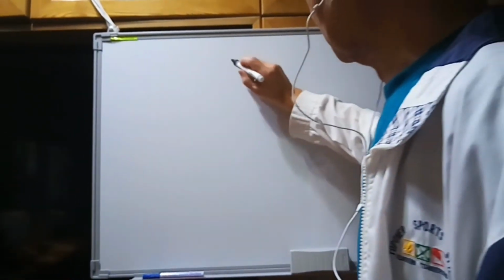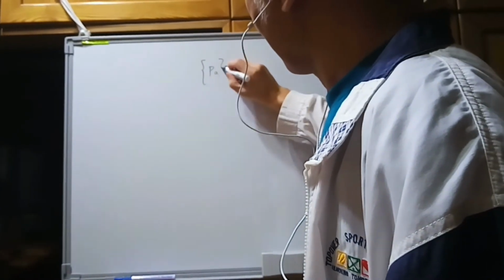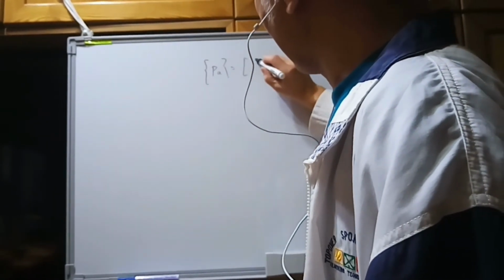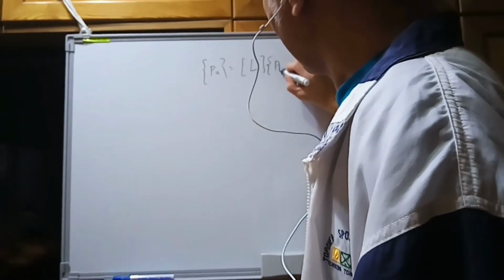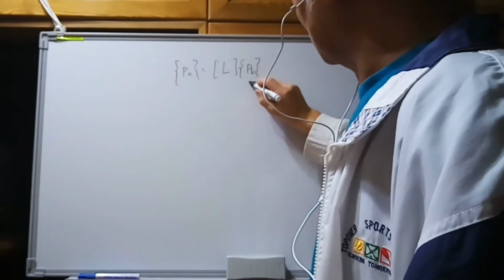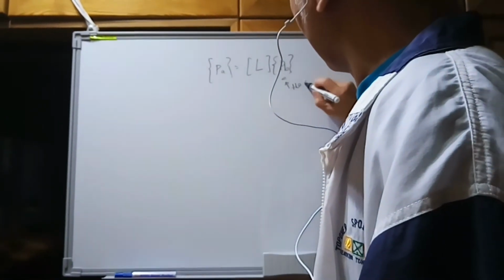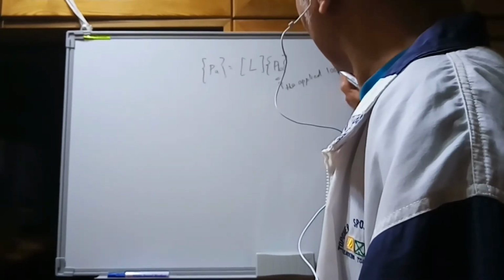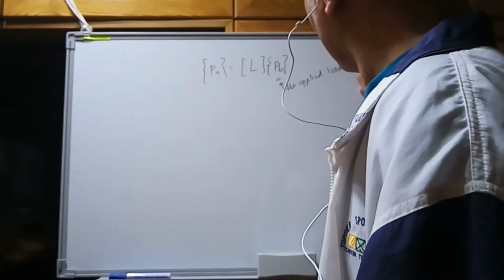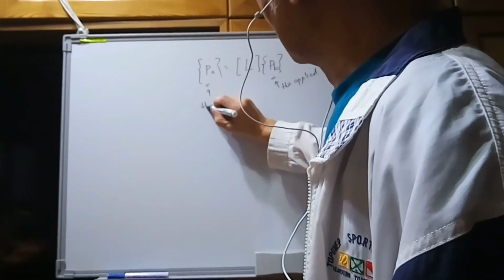Okay, after we solve the KBB, then usually we can solve the PB, and the PA, they are the reactions.